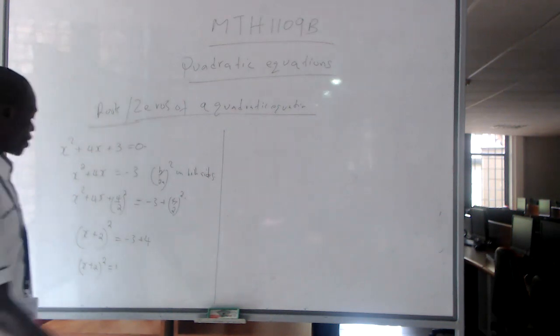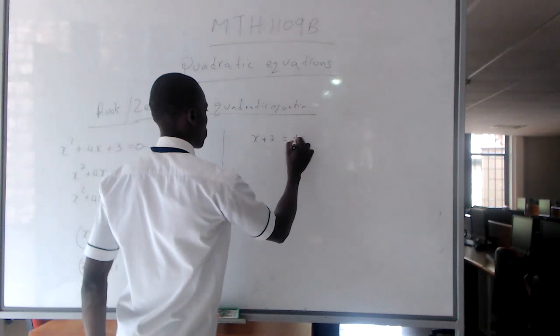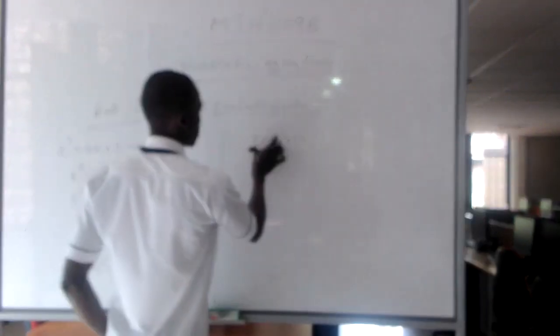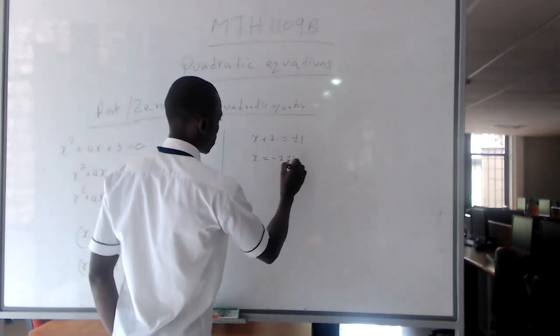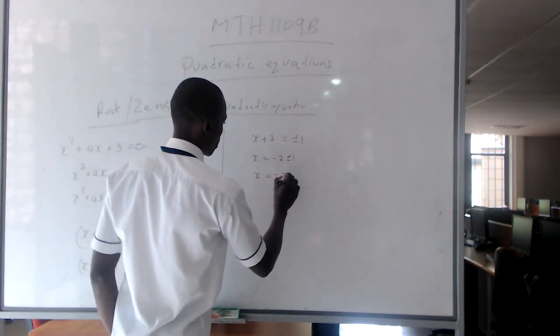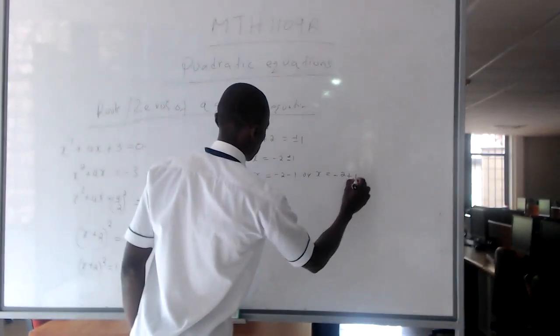Take the square root on both sides. So x plus 2 is plus or minus 1, since the square root of 1 is plus or minus 1. Therefore, subtract 2 on both sides. So x is minus 2 plus or minus 1, so x is either minus 2 minus 1 or minus 2 plus 1.